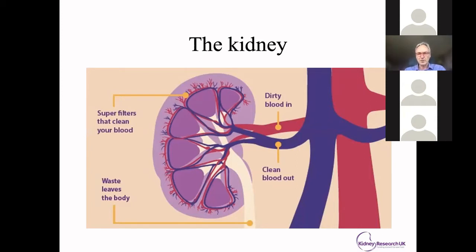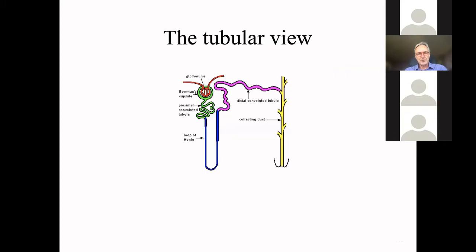It shows how the dirty blood goes into the kidney, and then it goes to these super filters that clean out all those terrible wastes, which then come out in the ureter, and the beautiful, clean blue blood goes back into the body. Now, no mention of any tubules here at all, you notice.